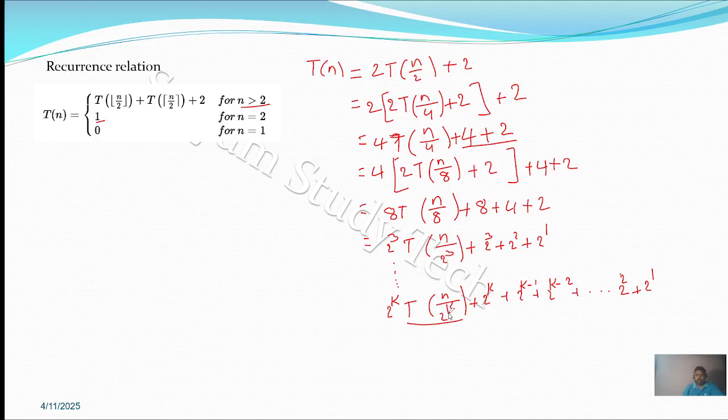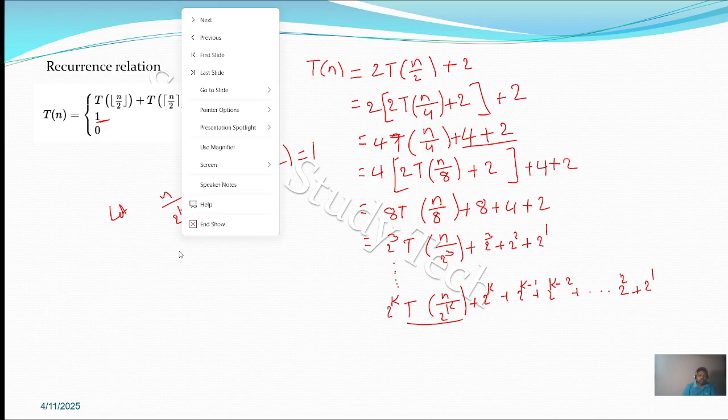That's why let n/2 power k be equal to 2. So T(2), only two elements, T(2) is equal to only one comparison. For example, for n equal to 2, only one comparison is needed. So that's why let n/2 power k equal 2.